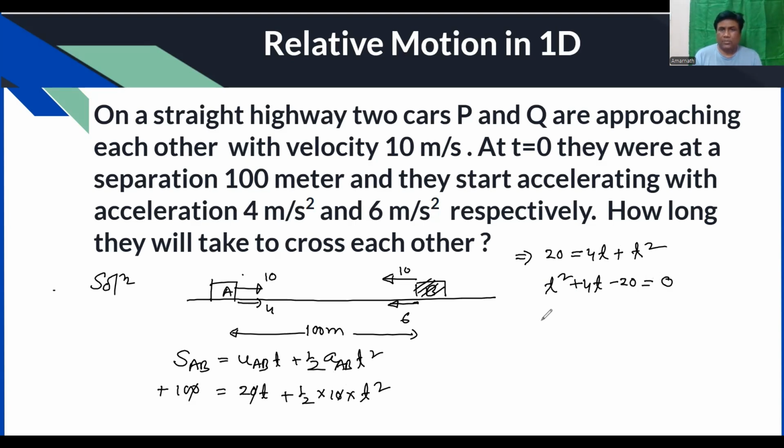So you can use minus b plus minus root of b square minus 4ac. 4ac is 80, by 2. So t equal to minus 4, only take the plus value.